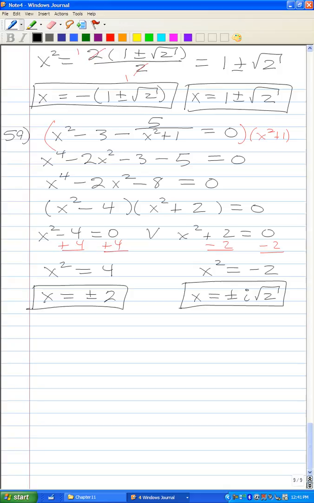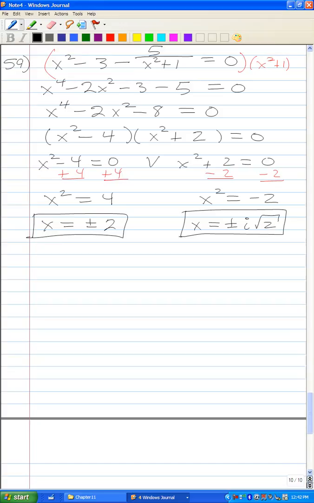Let me do problem number 64. Find two consecutive positive odd integers whose sum of squares is 130.